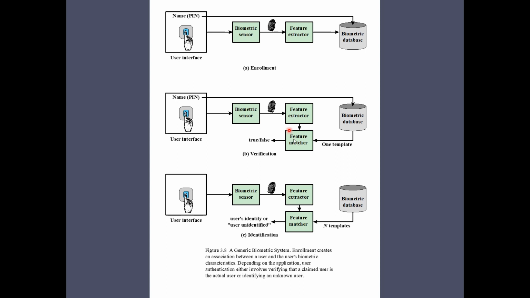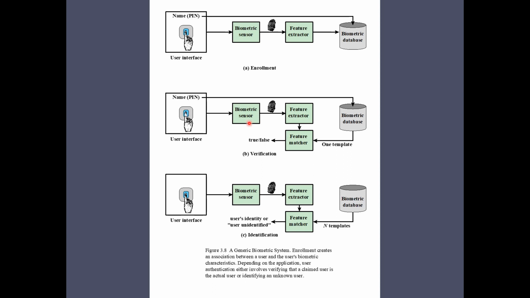If it reached the threshold that we talked about in the first part, the result of the feature matcher will be true. If it is less, it will be false.